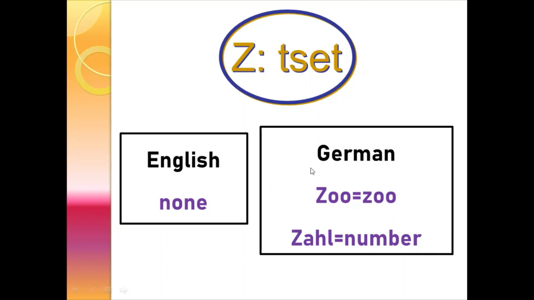However, all German words with Z will have the softer Z sound and not the Z sound. For example, zoo, which is the zoo, or Zahl, which is a number.